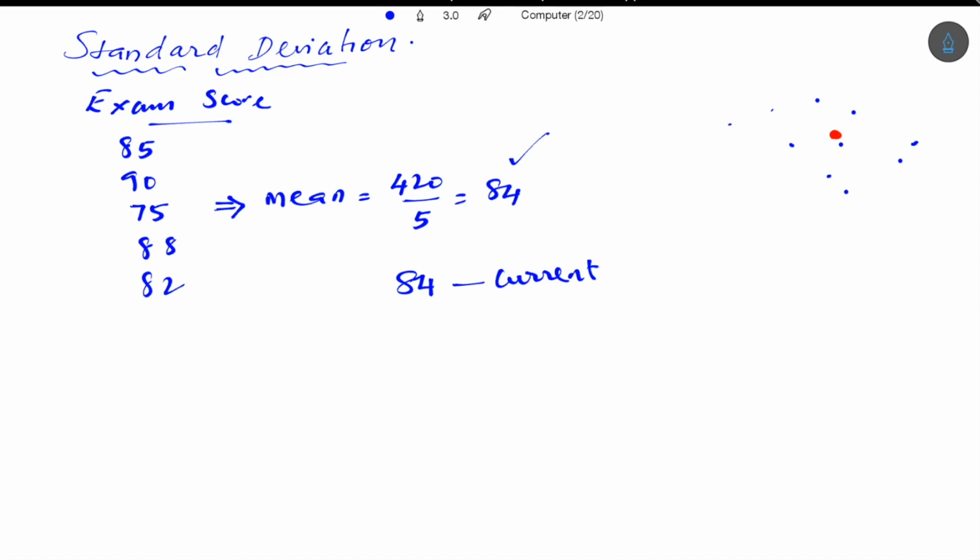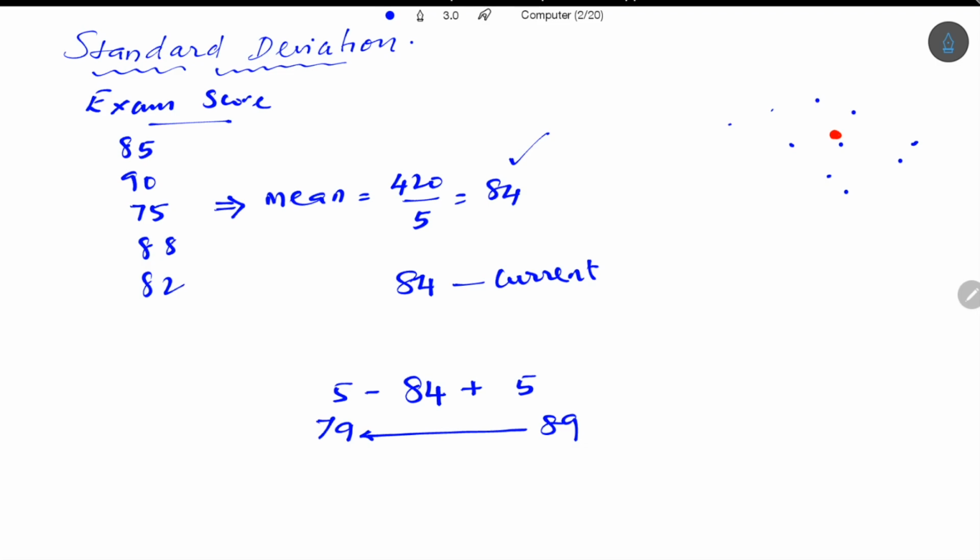I may say my average score in future would be 84 plus or minus 5 marks. So the average score would be from 79 to 89, right?